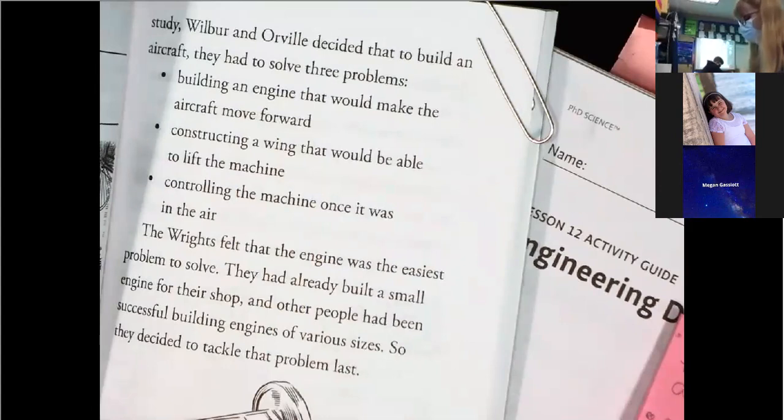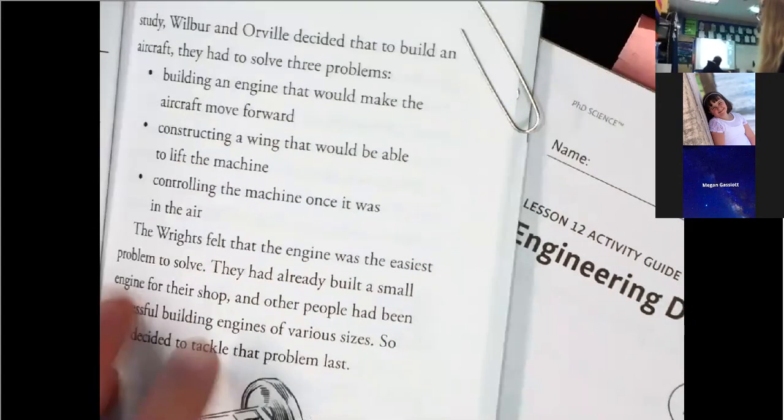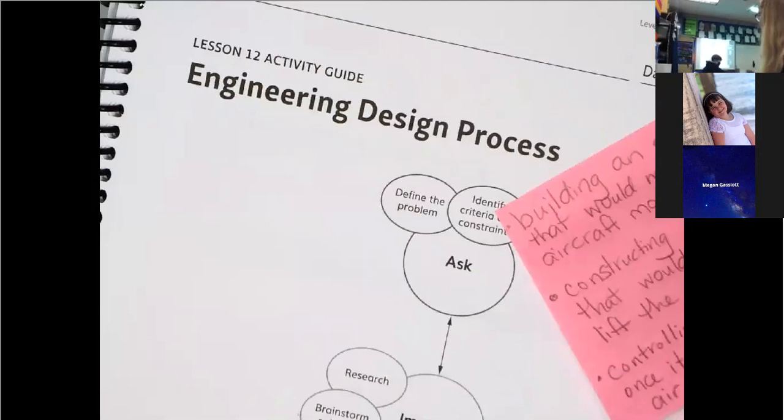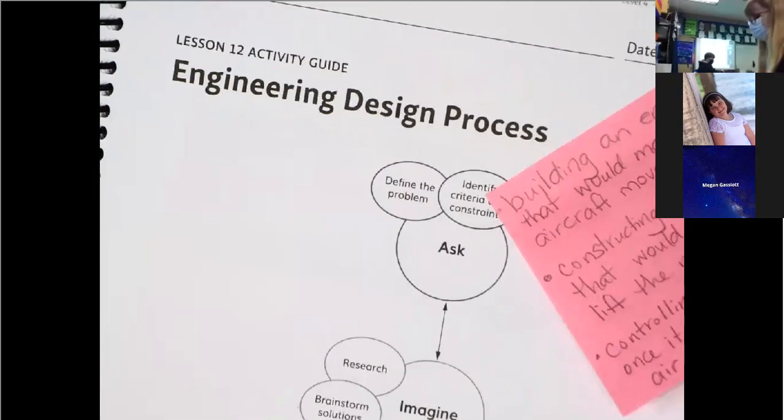Okay. So those were the problems. Those were the criteria. So I'm going to post that right there in my notebook next to criteria. Do you see that? Yes. That's what you need to do with yours. I didn't finish writing. Okay.